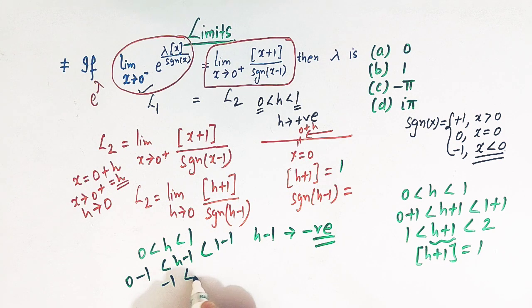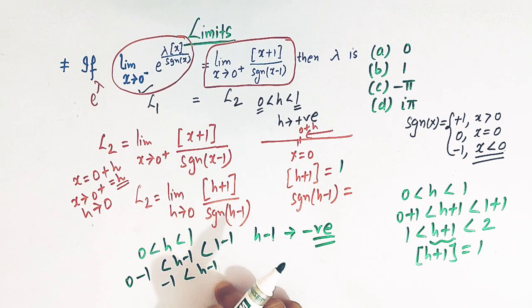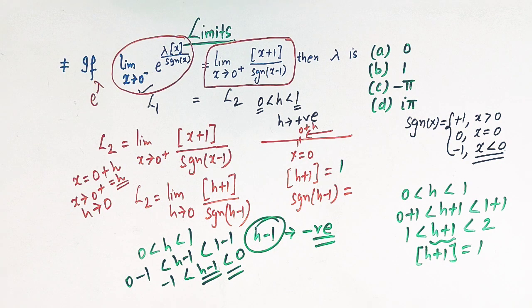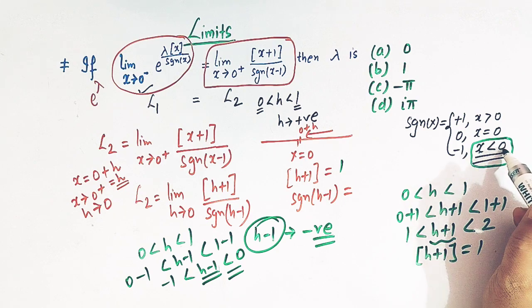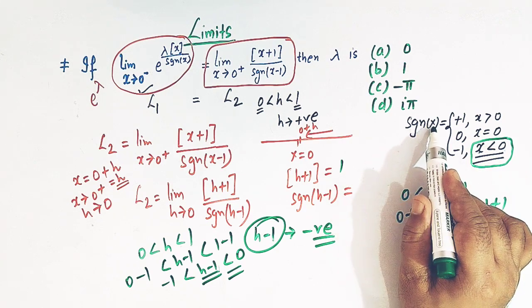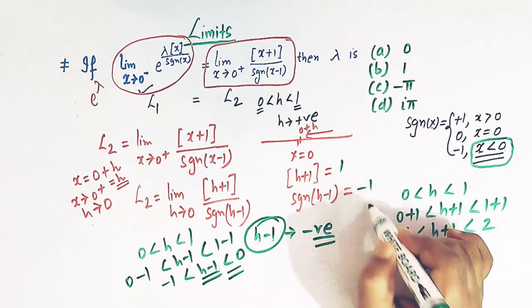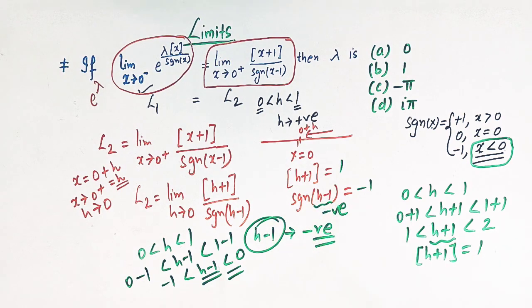So this is minus 1, this is h minus 1, and this is 0. So h minus 1 is greater than minus 1 but less than 0, so h minus 1 is a negative quantity. And for negative quantities, that is x less than 0, the signum of x always takes the value minus 1. So here we have minus 1 because this quantity is negative.